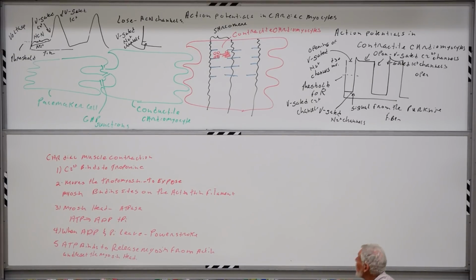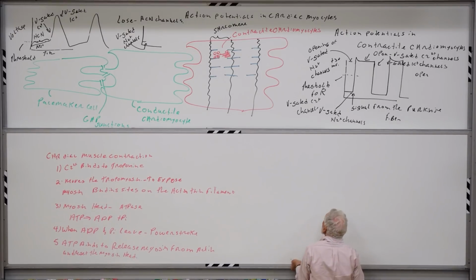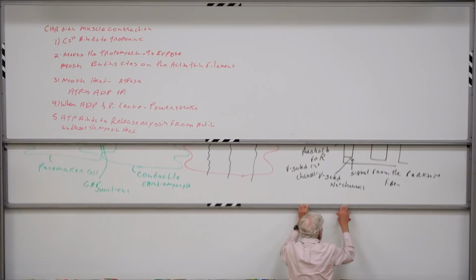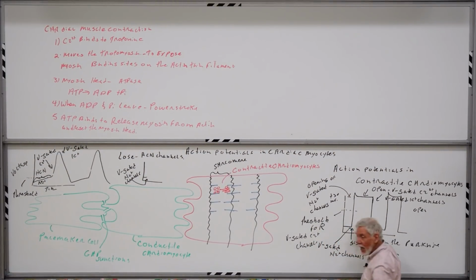So the question here is about the voltage-gated sodium channels and whether they initiate the action potential or are they part of the action potential. I would say both, in the sense that what initiates the depolarization here is primarily coming to threshold for the voltage-gated sodium channels. Sodium starts to come in.